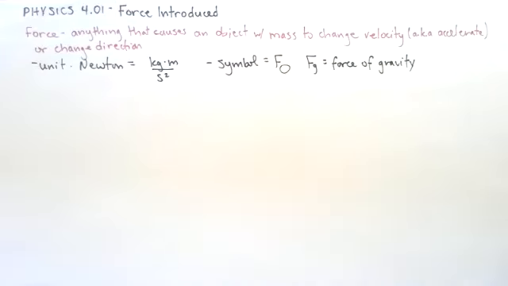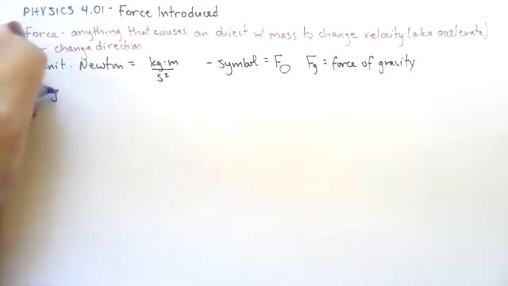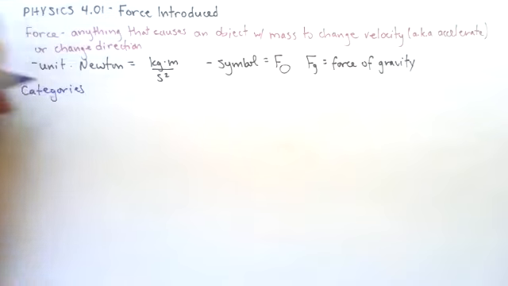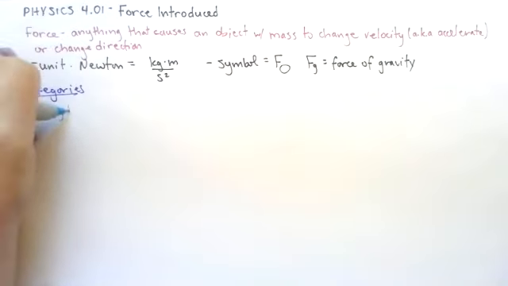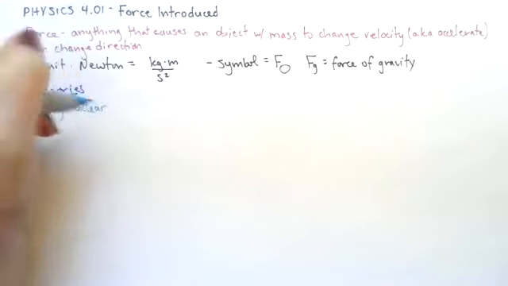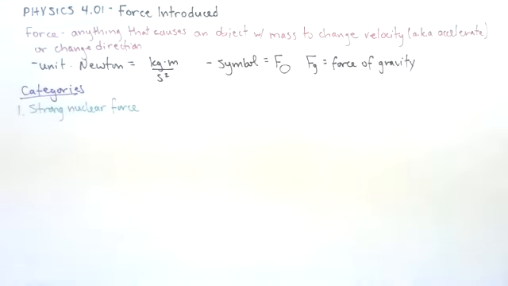There are 4 categories of forces. We have the strong nuclear force, number 1. This is the force that you see when you watch a video clip of an atomic bomb being detonated.